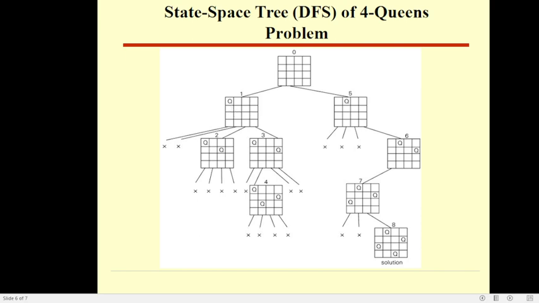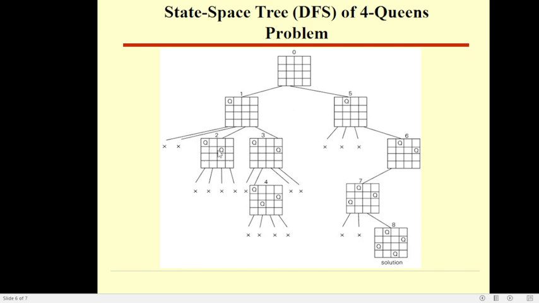Now after this, in the next step, we have to place the second queen in the second row such that no two queens attack each other. Already one queen is available on the board. We have to keep the second queen without affecting the first queen. Here, the second queen can be placed only in the second row.